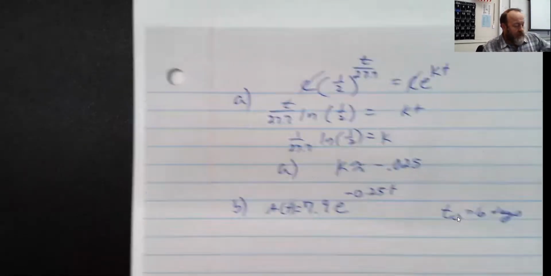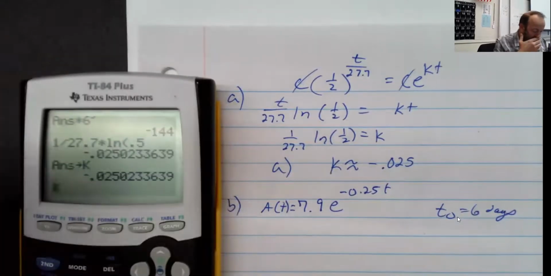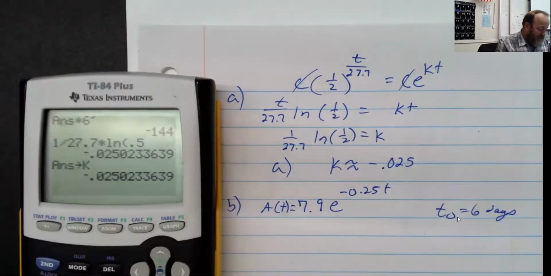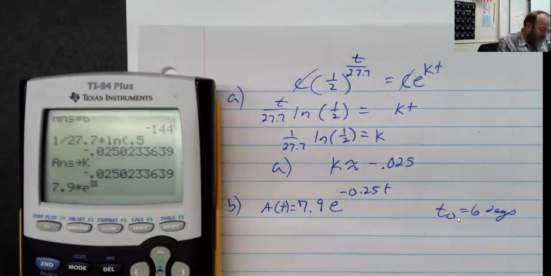So I'm going to stick with that number and multiply 7.9 by e raised to alpha k, since k was already negative, times negative 6, going 6 days backwards in time.